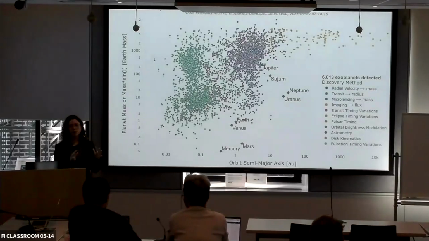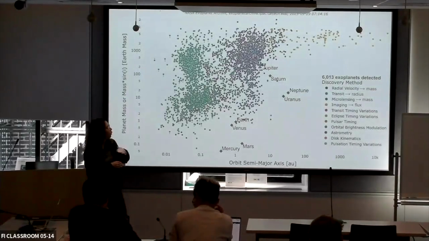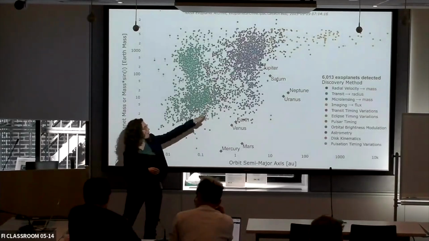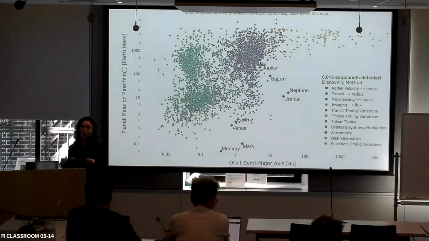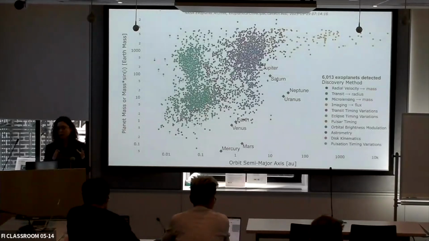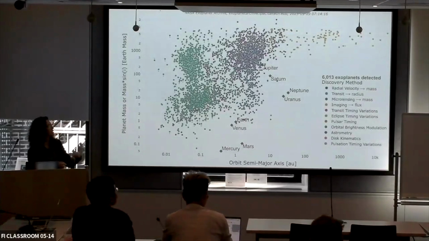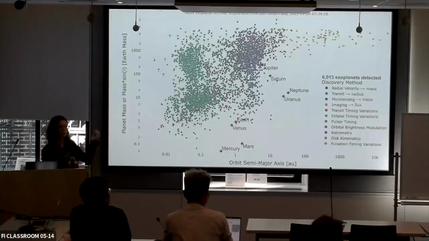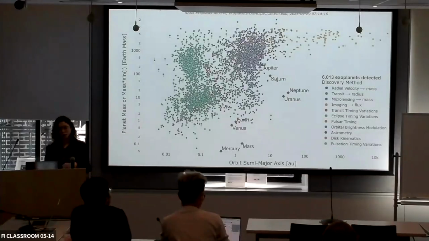There are a few things you might notice about this population of planets we have. One is that there's a big lack of planets in the space that overlaps where we actually know about planets in the solar system. This is a detection bias. It is much easier to detect bigger things closer to their stars than smaller things farther from their stars.